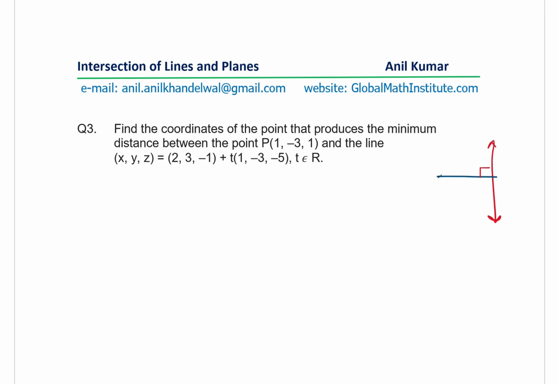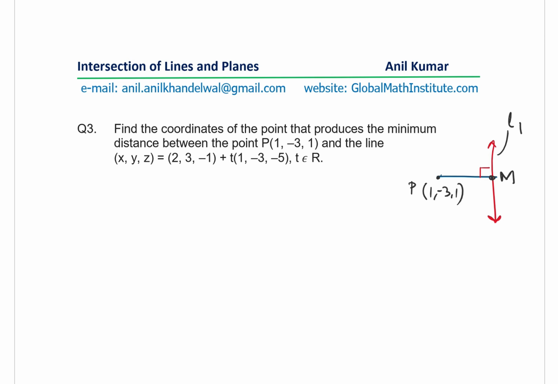The coordinates of the point are given as P, which is (1, -3, 1). And the line is given to us. Let's call this line L1. Now we need to find this point. Let's call this point M. So find the coordinates of the point that produces the minimum distance, meaning perpendicular, from this point to that.